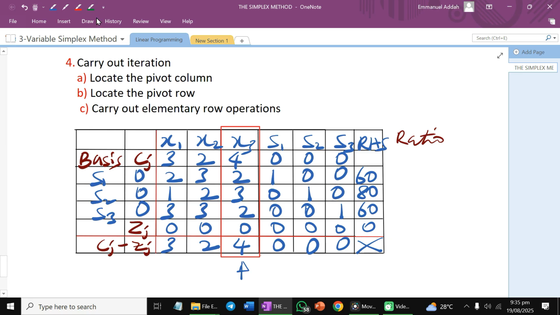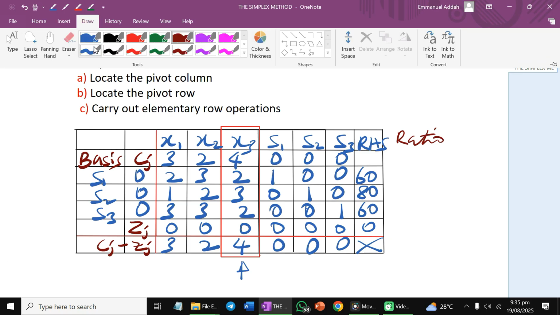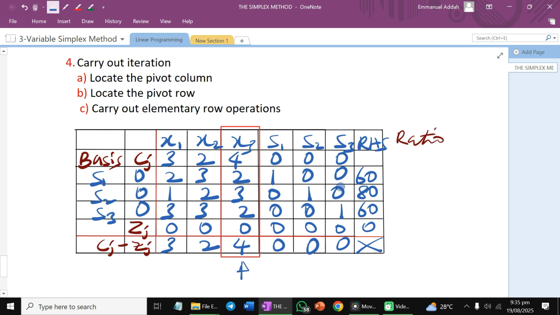So here, you now start dividing 60 over 2, which is 30. The next one, 80 over 3. Actually, when you are solving this problem, don't use decimal points.